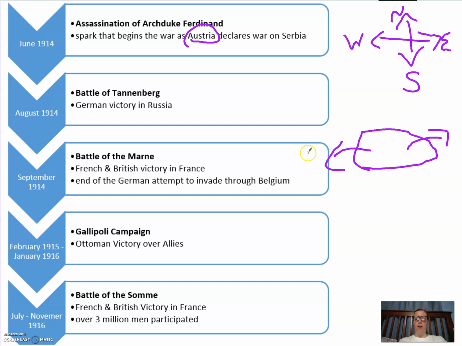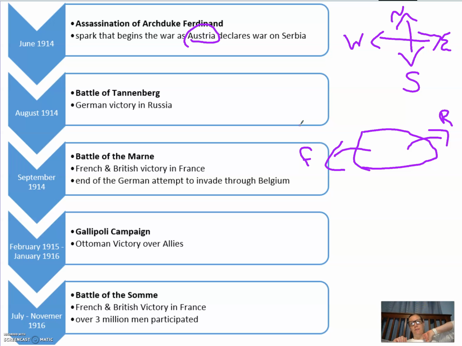They're fighting the French in the western section, and they're fighting the Russians in the eastern section. So Tannenberg is a Western Russian Eastern Front War, and the Battle of the Marne is a Western Front War where the Germans are fighting on the west. It is the end of the British attempts to invade France through Belgium.